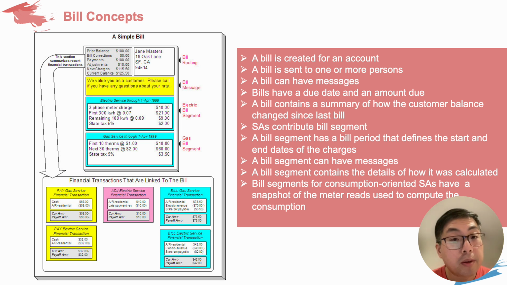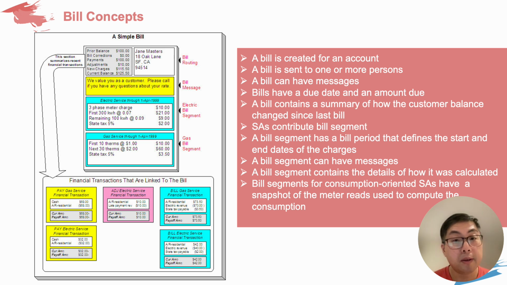SA contributes bill segments, as we just mentioned. A bill segment has a bill period that defines the start and end dates of the charges. So normally, if it's a monthly bill, the start date is the beginning of the month and the end date is the end of the month.